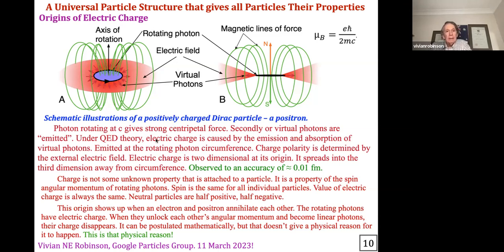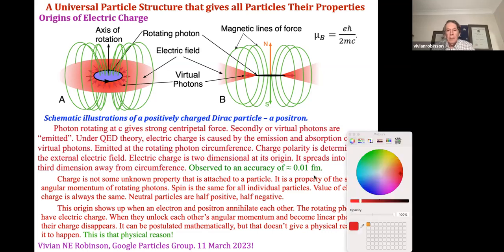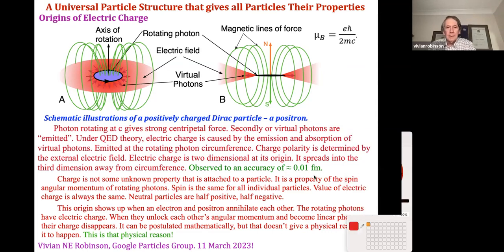So in this model, electric charge is emitted at the circumference. It's a planar structure, so it is two-dimensional at its origin. Now, to some, this may seem a little different, but I'll show you later on. It has been observed to an accuracy of 0.01 fm, which in my thinking is reasonably accurate.